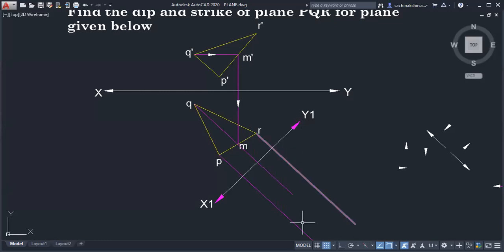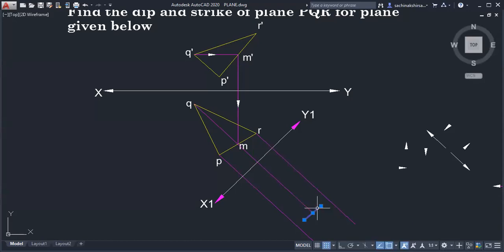If you want a direction, you can show the direction also. Yes, sir. Now our aim is to locate the points.